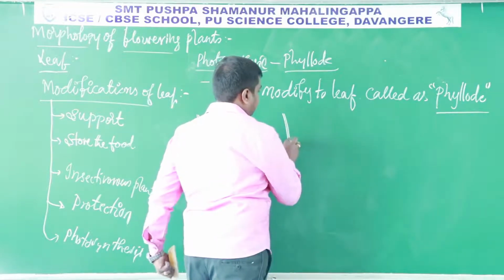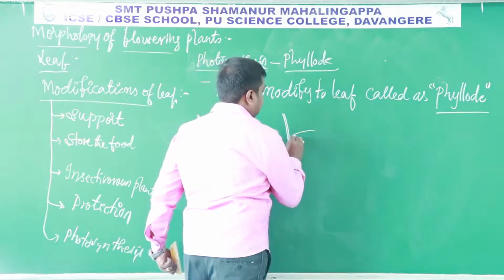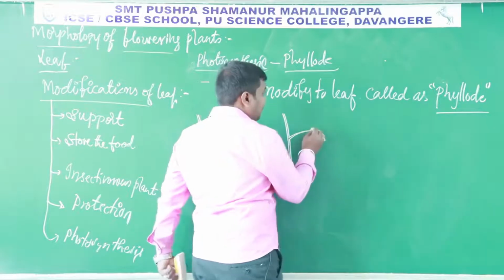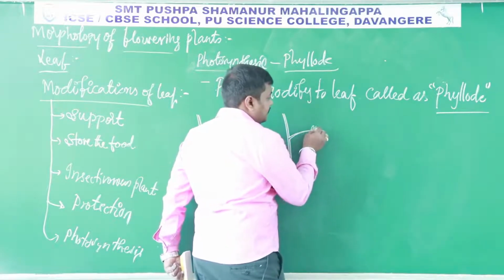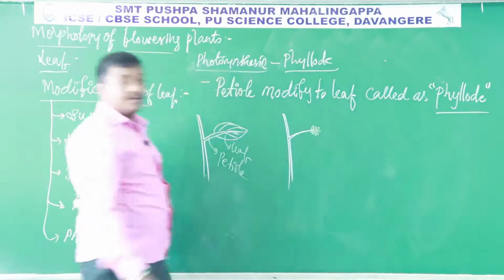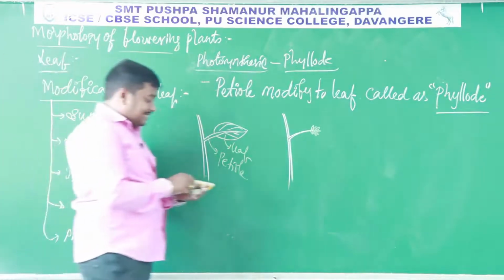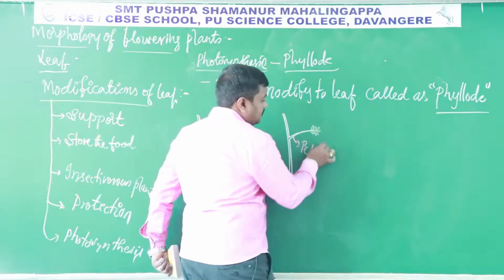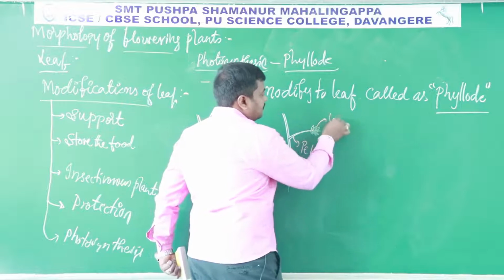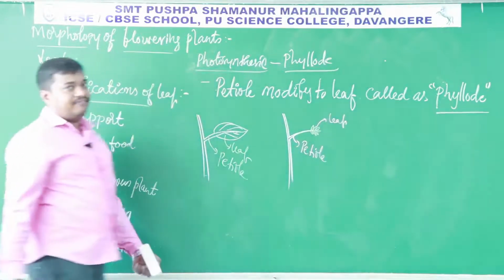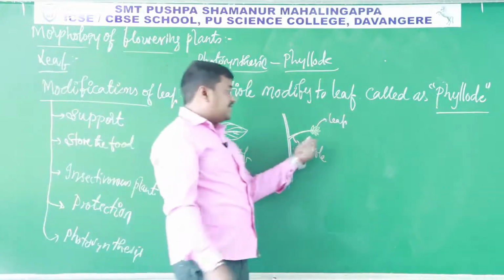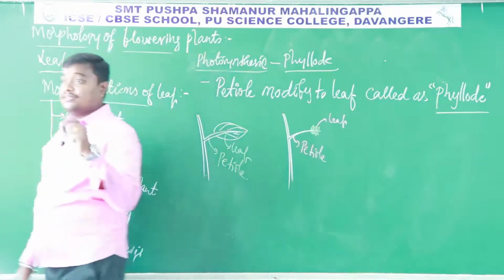Let me take one example. A very elongated petiole is there, and at the tip it has leaflets. So this is the petiole, this is the leaf, actually a compound leaf. The actual leaf can be seen only during the germination process.